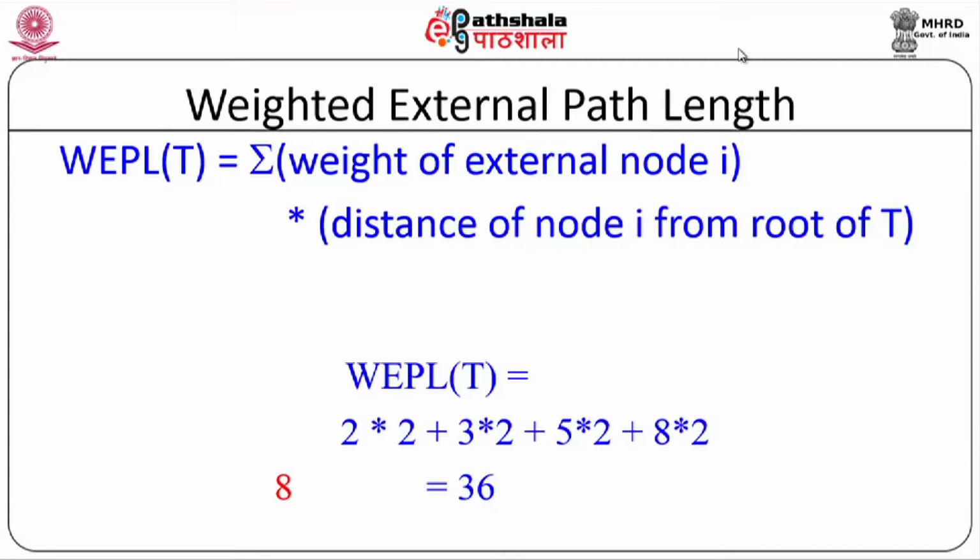The cost may be the size of the particular file. This is what we are going to call the weight hereafter, and we multiply it by the path length, that is the distance of the node from the root T.